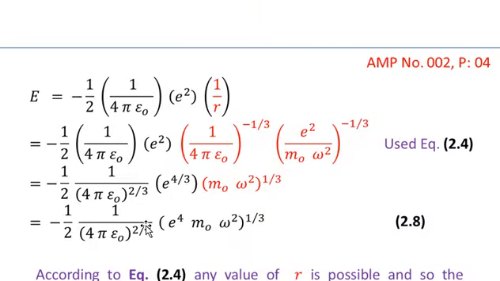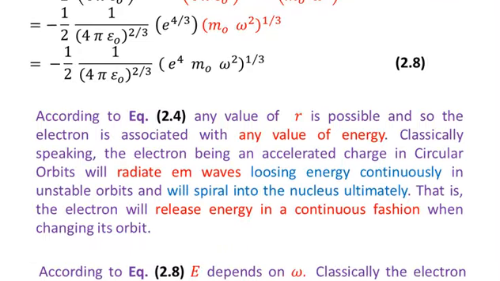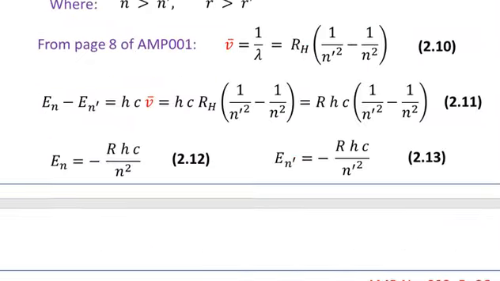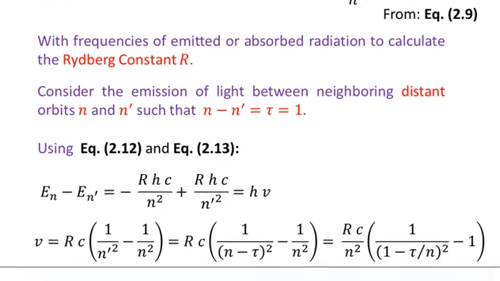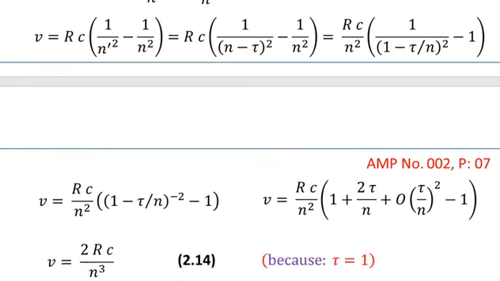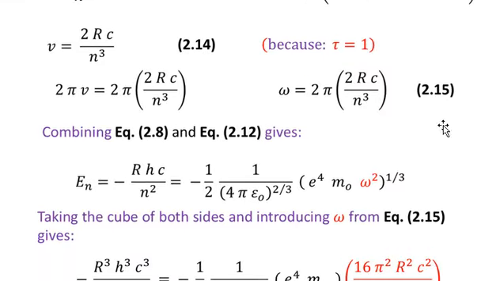This is an expression of the total energy of the electron in equation number 2.8. And then we have this energy from Bohr's atomic model, which is minus RHc over n square. This is the binding energy of the electron in the nth state from Bohr's atomic model.